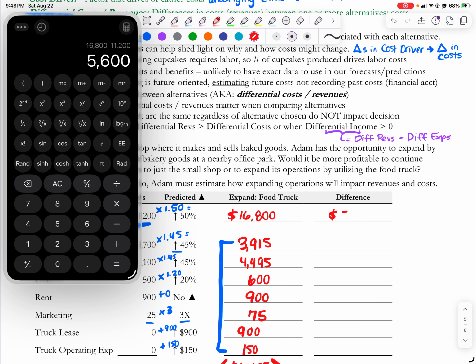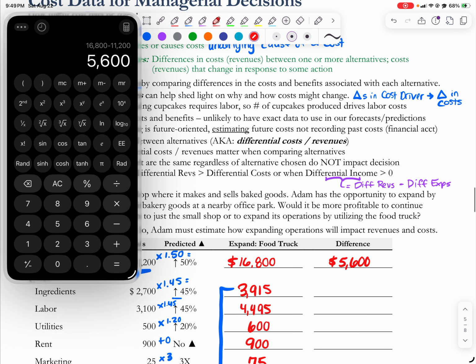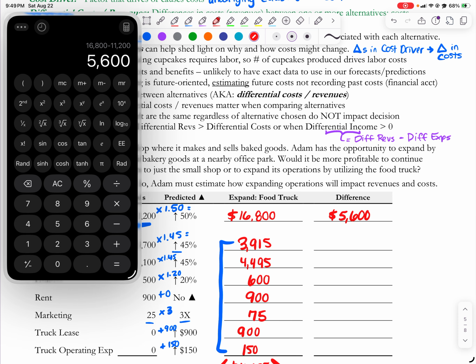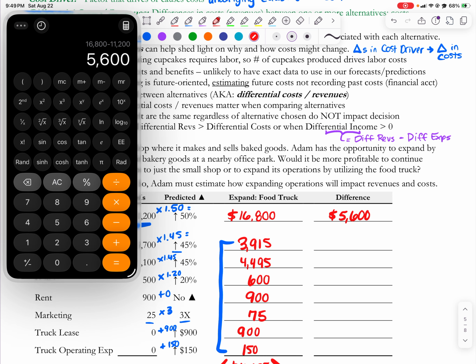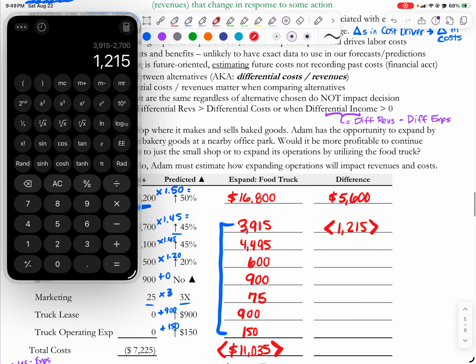That is 5,600 more in revenues. Remember, costs have a negative effect. So 3,915 minus 2,700. Costs are 1,215 higher, so that is 1,215 more negative.